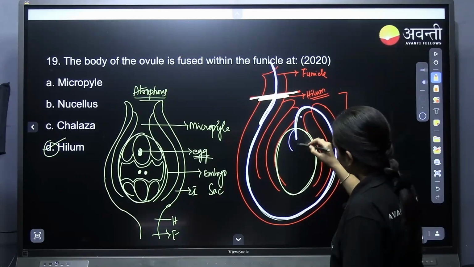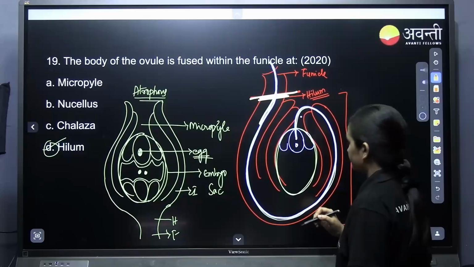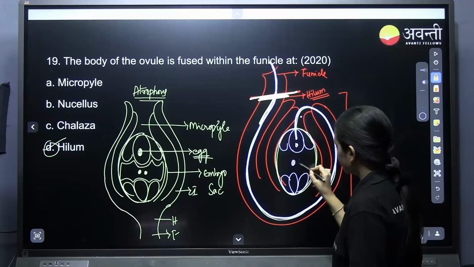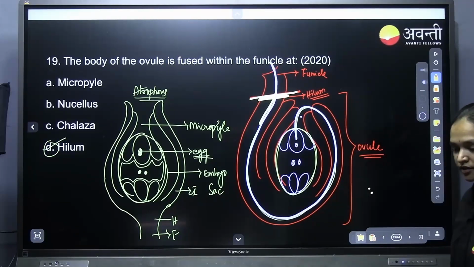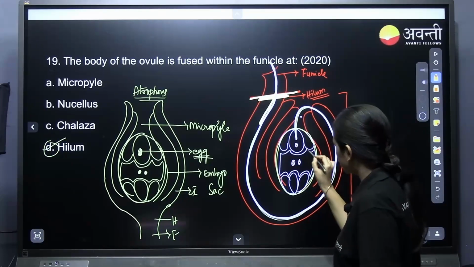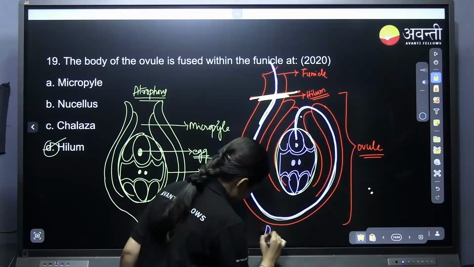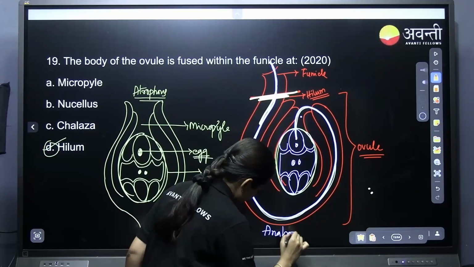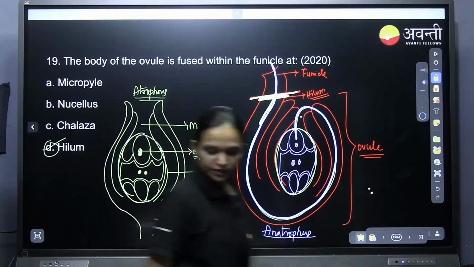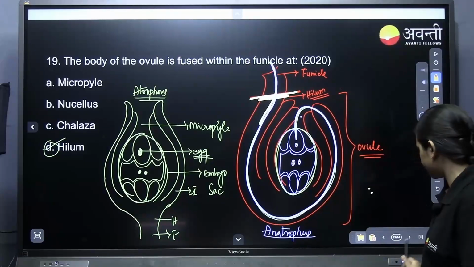If the micropylar end is here, then the egg is here, the antipodal cells are here, and this is the central nucleus or the polar nuclei. Understood? And this is an anatropous kind of ovule. Understood?